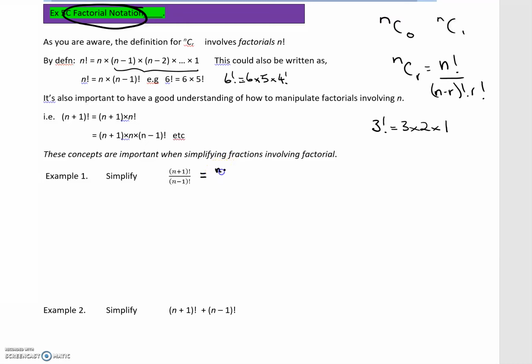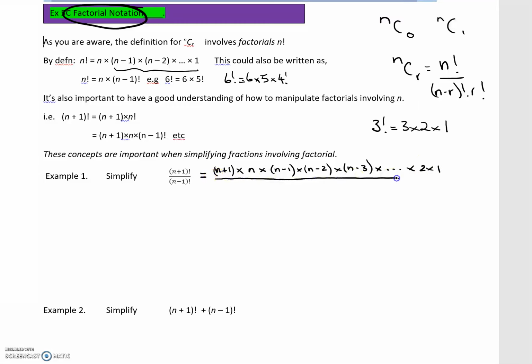So we know it'll be n plus 1 times 1 less than it, which is n, times 1 less than that, which is n minus 1, which you can probably see we could stop there, and in fact we should stop there. However, I'll just keep going: n minus 2 times n minus 3 times ... times 2 times 1.